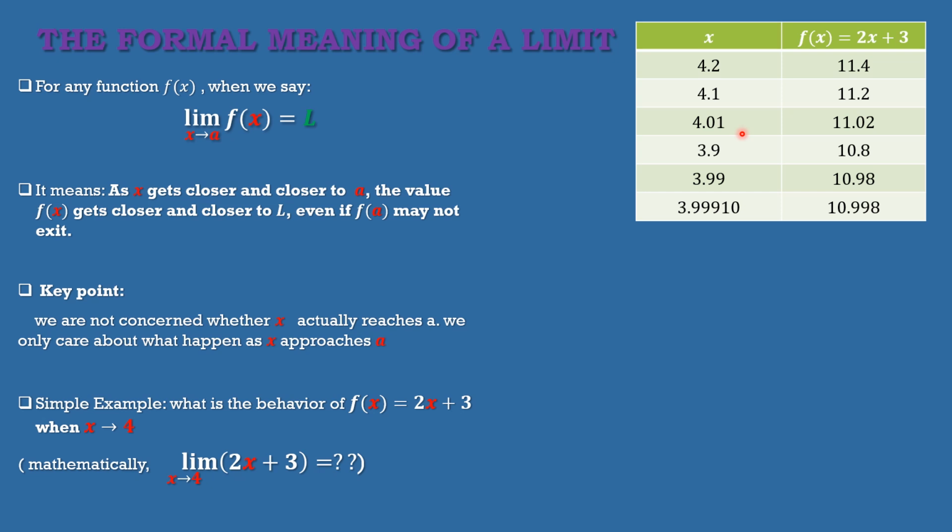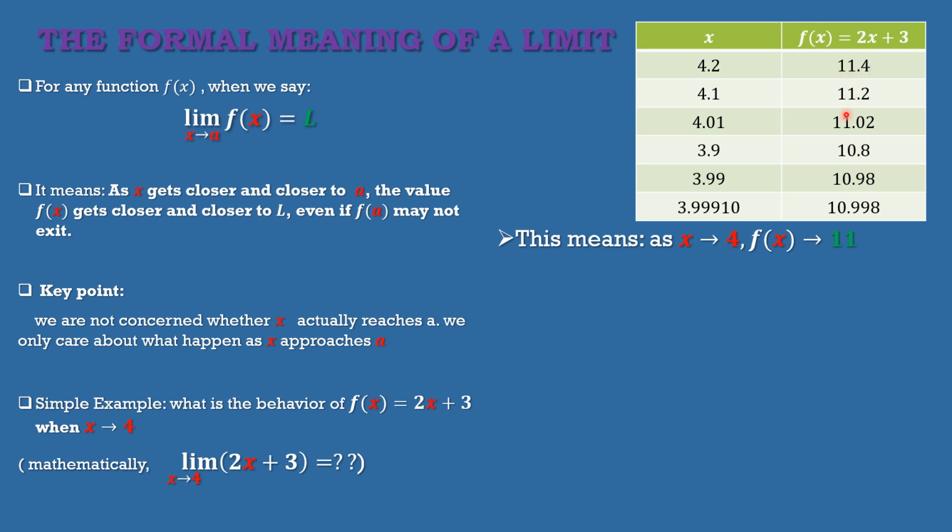So these values are coming closer and closer to 4. And what is the behavior? The behavior is such that as x gets closer and closer to 4, f of x also gets closer and closer to its approximate number, which is 11. So what is the approximate number for 11.4? It is 11.